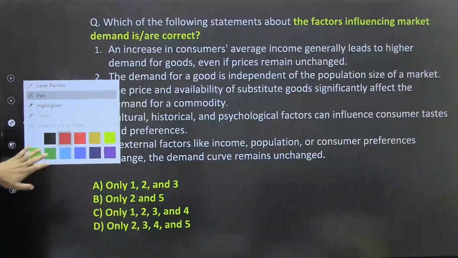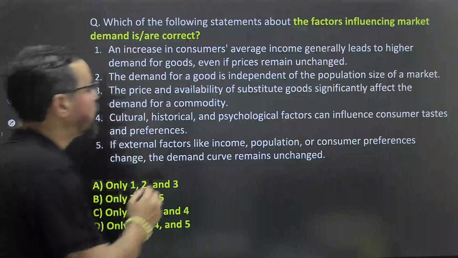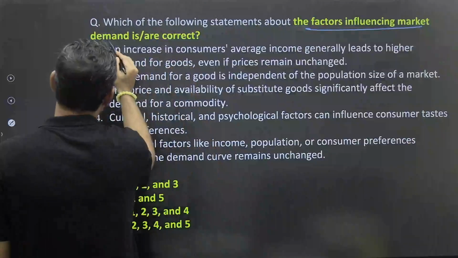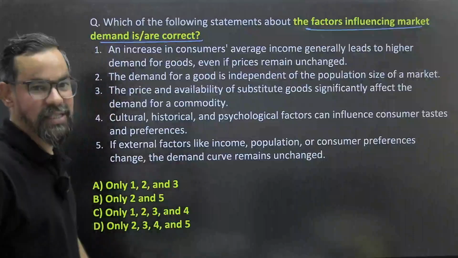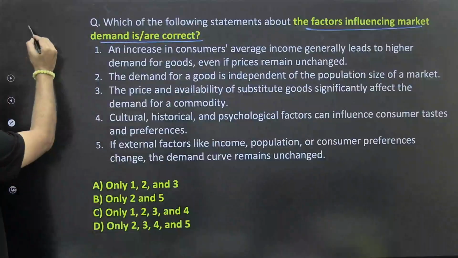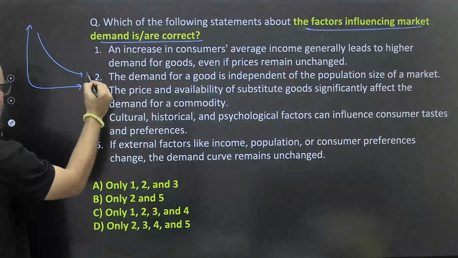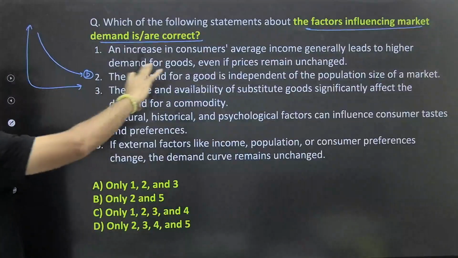The very first question on your screen: which of the following statements about factors influencing market demand is/are correct? When we talk about a demand curve, what are the factors that give it this particular slope?